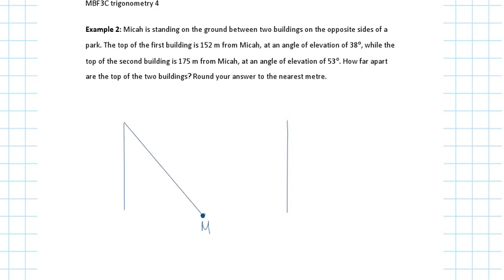And then because it says at an angle of elevation of 38 degrees, where would that 38 degrees be? Near Micah. So it has to be right here, because his eye, that's him standing here. Horizontal line coming out of his eye, angle of elevation to the object, okay?